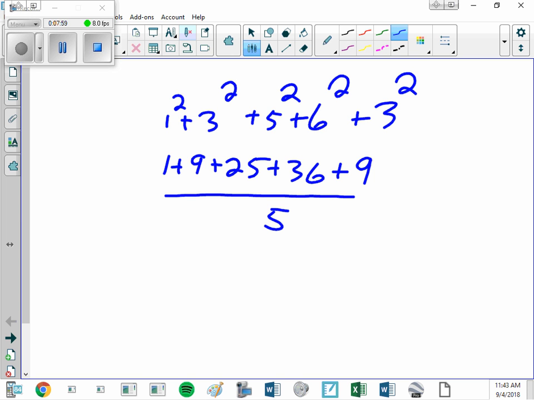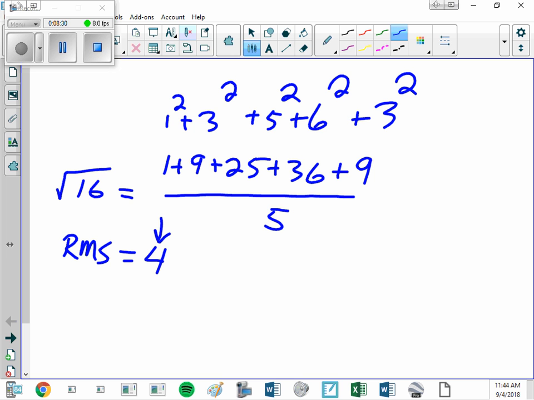What do you get when you add that together and divide by 5? 16. And then I take the square root and I get the RMS equals 4. What does this tell me? Those numbers are about 4 units away from 0. Does that look reasonable? Yeah. Most of them are in the 3 to 6 range, and we have one of them that was a 1.